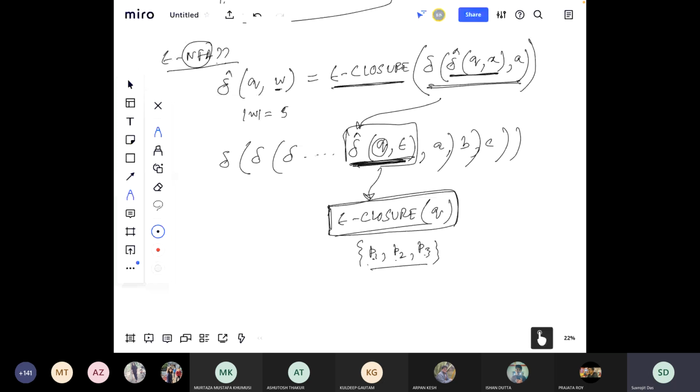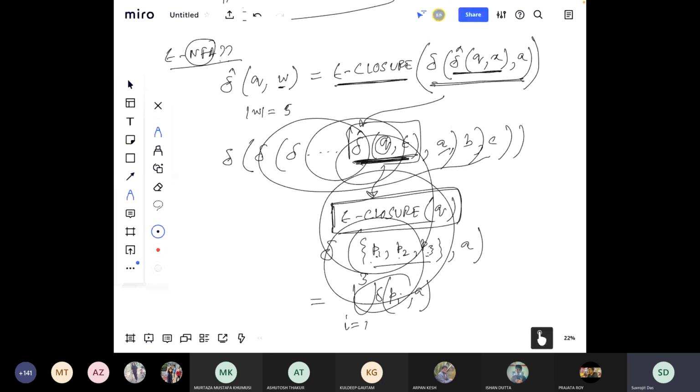Now what you want to do is calculate del of P1, P2, P3, comma a. And as usual, what is del of P1, P2, P3, comma a? It will be a union over i equal to 1 to 3 of del of Pi comma a. And you go on calculating like this, you go on recursing like this, and expand.